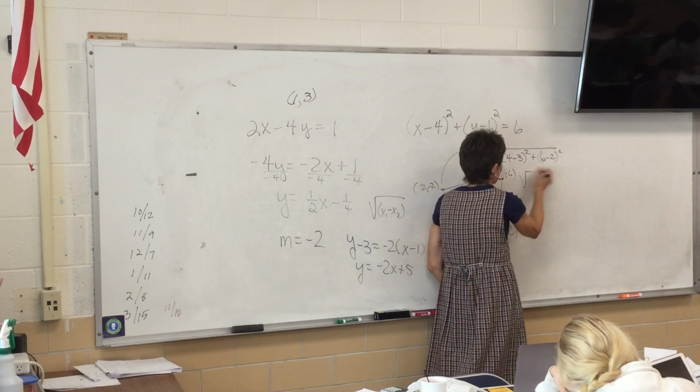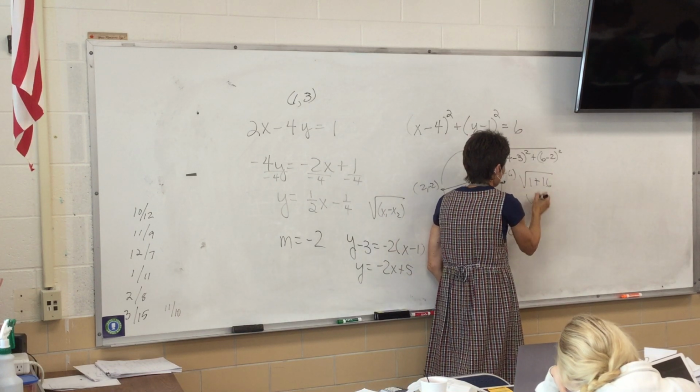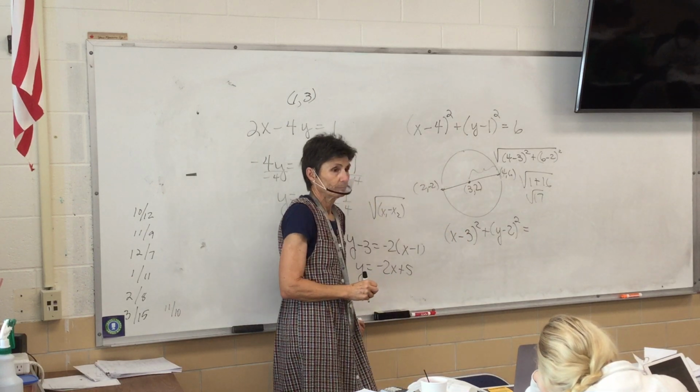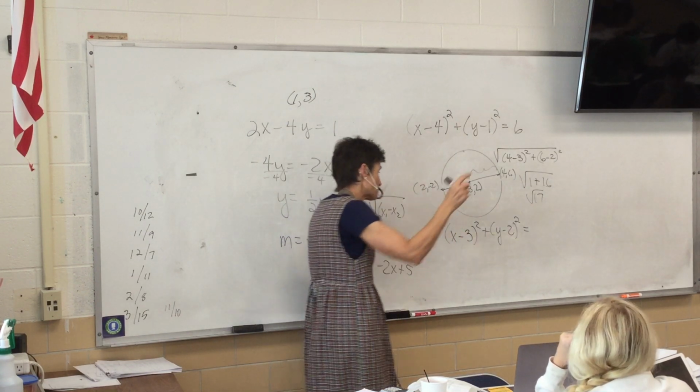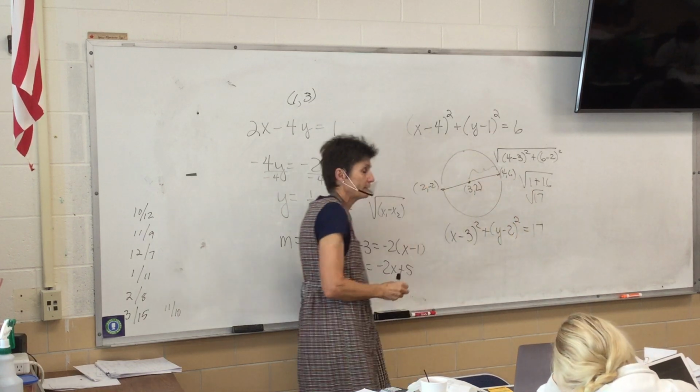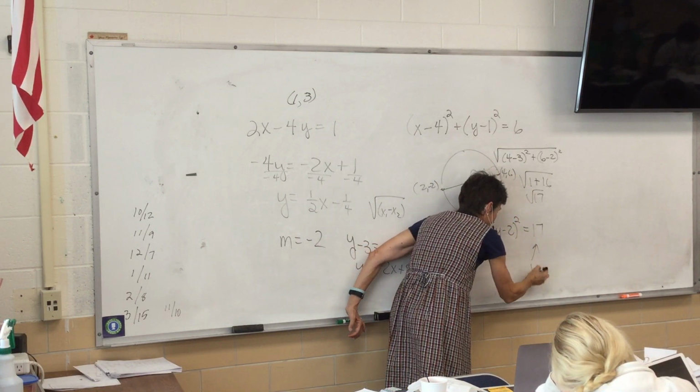So what is that? 1 plus 16, is that root 17? Which means what goes right here? 17, r squared. That number right there is always r squared.